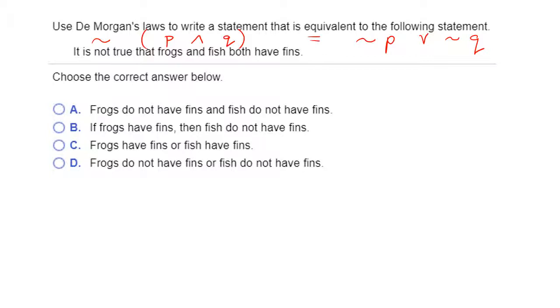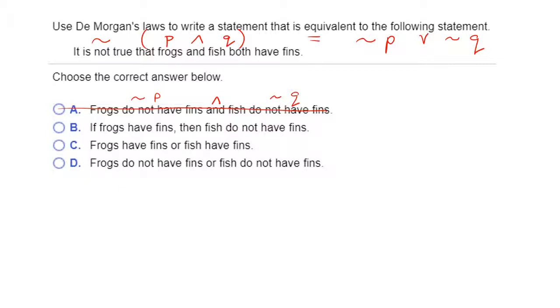So let's see if we can find a sentence that looks like that. In my answer choice A, it says frogs do not have fins, so that would be not P, and fish do not have fins. Well, that would not be the correct answer because the and did not change to or. Remember, according to DeMorgan's law, if I start with an and, I have to have an or.